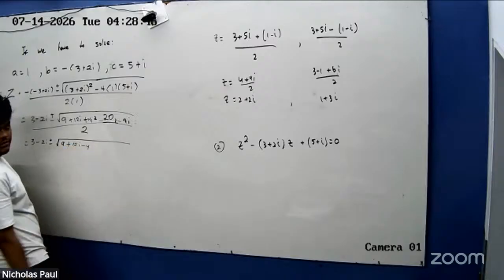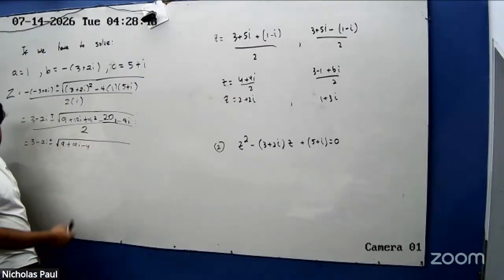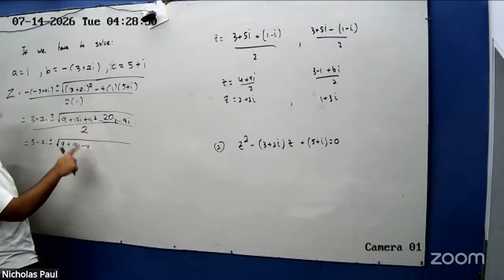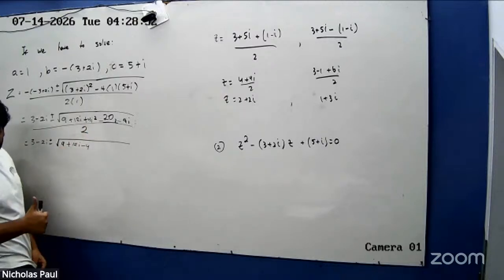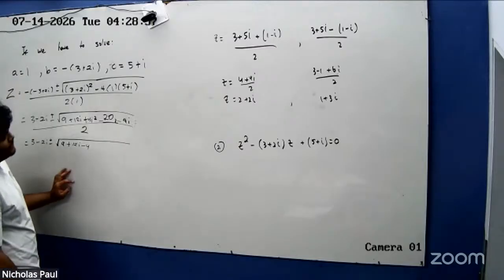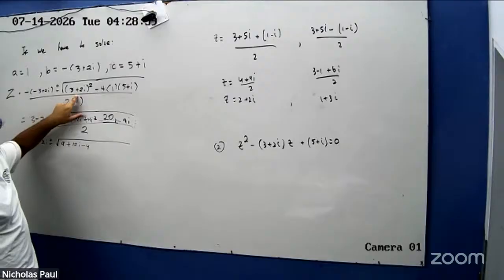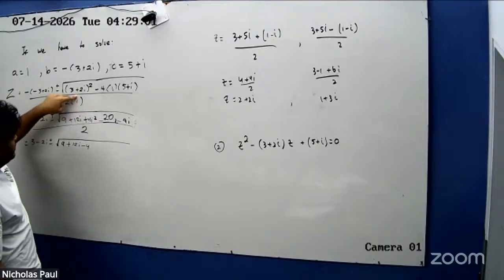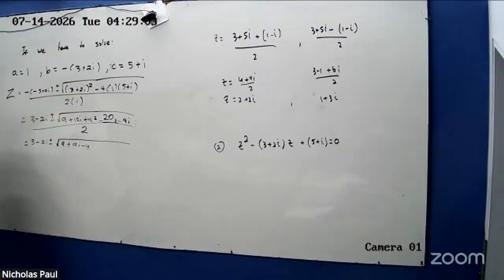So you expand this. Right, plus 12i minus 4. You don't change this to minus 1? But I think I will.